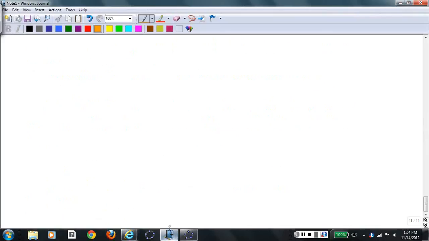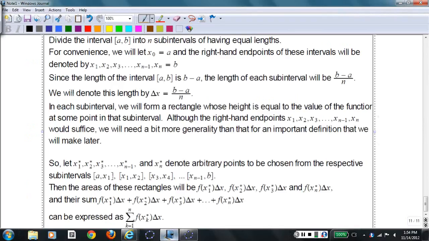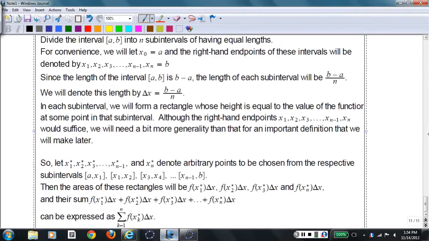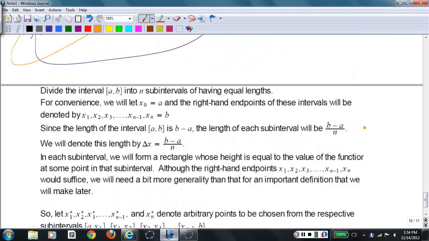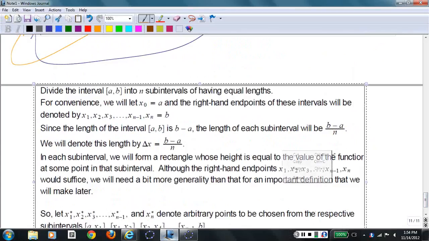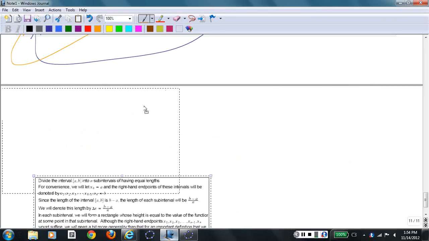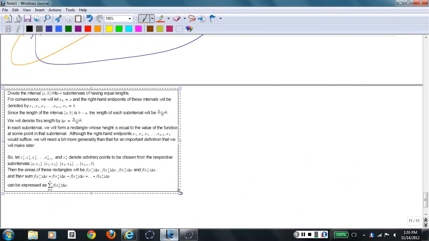I'm going to paste this and then shrink it down to small print. I want to be able to refer to it as I draw the picture.